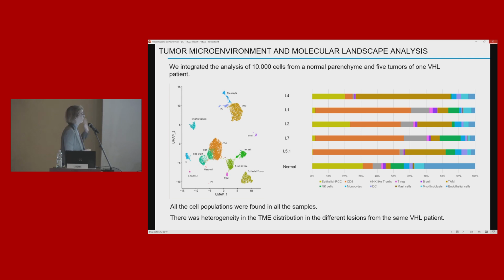When we checked the proportion of all the cells in each sample, we saw that all the different subtypes were present in each sample, but with a difference in composition. For example, the more aggressive tumor had fewer CD8 cells in comparison to the other tumors.